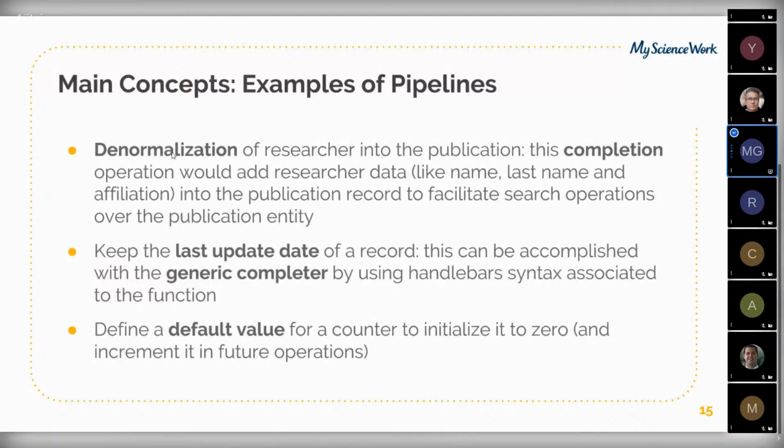With the denormalization function, what we are doing is going into the institution's index, taking a value that we want from there, in this case the name, and putting that into the test record. That ensures that we have that information in there, and we can use it for display and search purposes easily later.